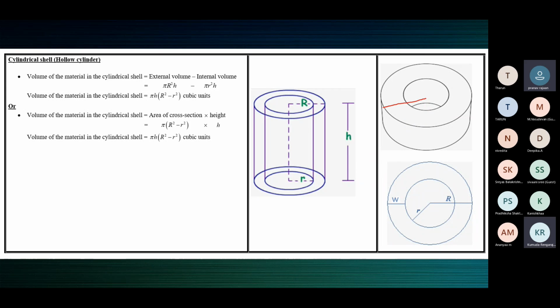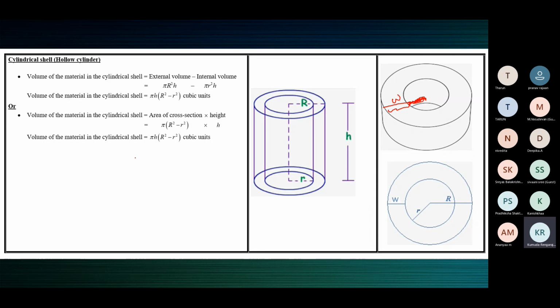This is capital R. From this, if you take away the inner radius, you are left with this. What is this? Ma'am, we get W.